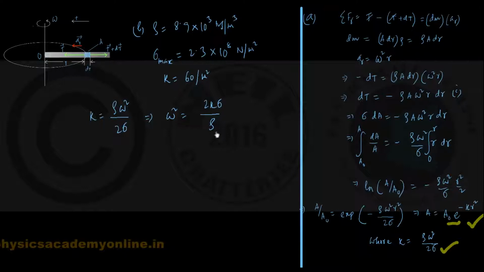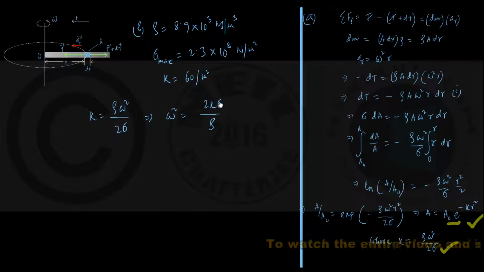Here rho is the density, K is the constant appearing in the expression for cross-sectional area here. This sigma is the stress in the rod and omega is the angular velocity of rotation of the rod. It's obvious from the relationship that as this omega goes up, increased, the stress sigma also goes up.